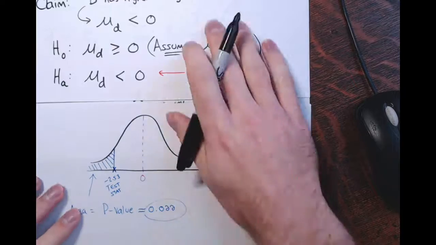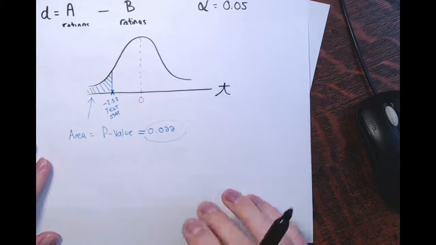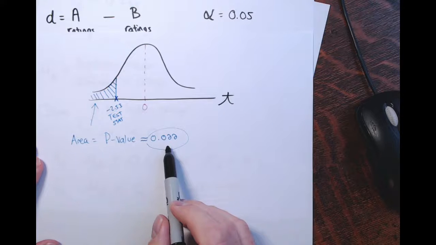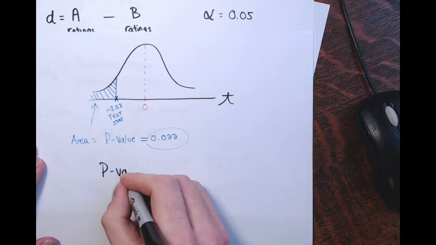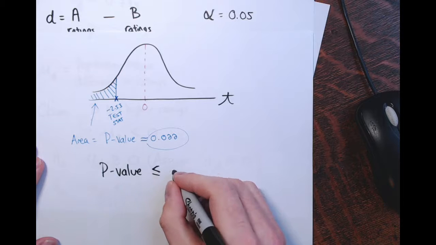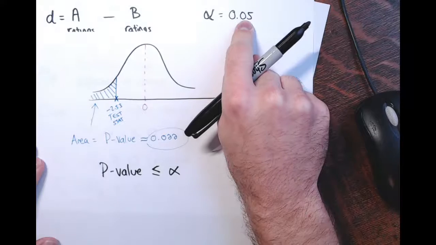Alpha was 0.05. The significance level was 0.05. We saw the p-value is 2.2%, or between 1% and 2.5%. So what we're seeing here is that the p-value is less than or equal, definitely less than, alpha. 2.2% is less than 5%.